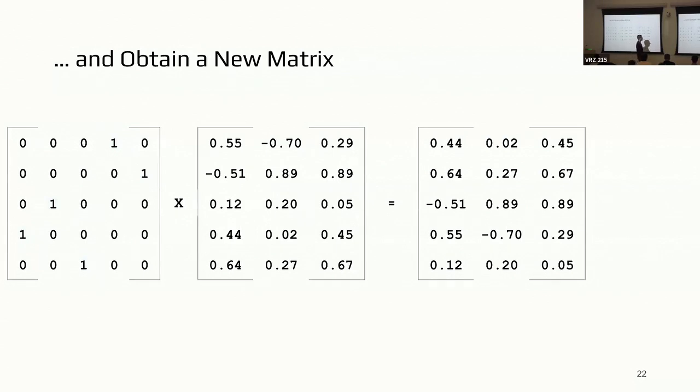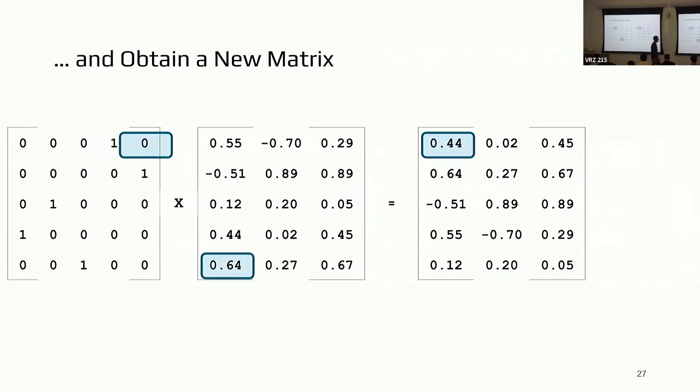And how do we obtain this result? Well, just to recap matrix multiplication, in order to obtain the value on the top left, I have to multiply the element in the 0, 0 position with the other element in the 0, 0 position, then multiply these ones, and then these ones, and so on.